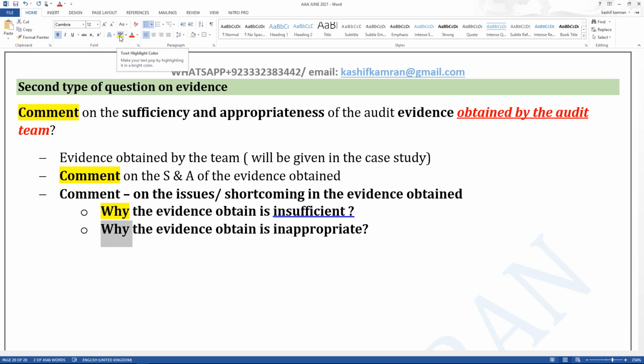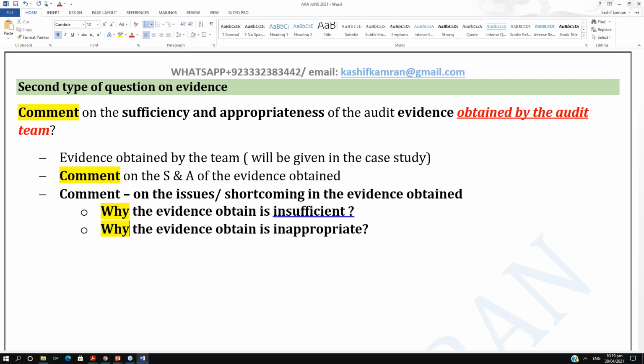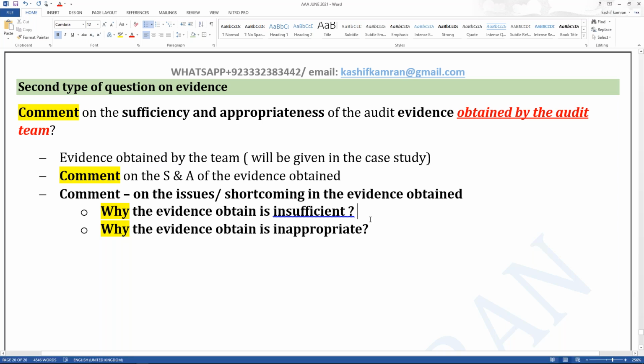You cannot just highlight the problem, you need to tell why it is a problem, right? If there is an issue in the evidence, you need to explain why. If there is a shortcoming in the evidence, you need to explain why. Every time you write this, you get 1 mark per comment. I'll be doing an exercise on that to guide you how you do the why comment.